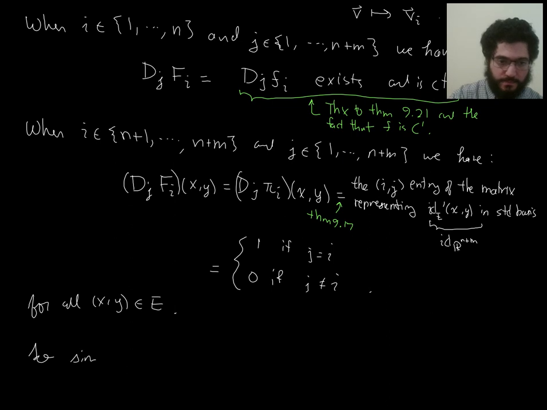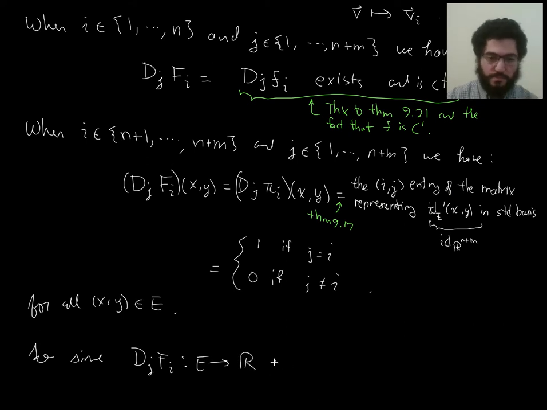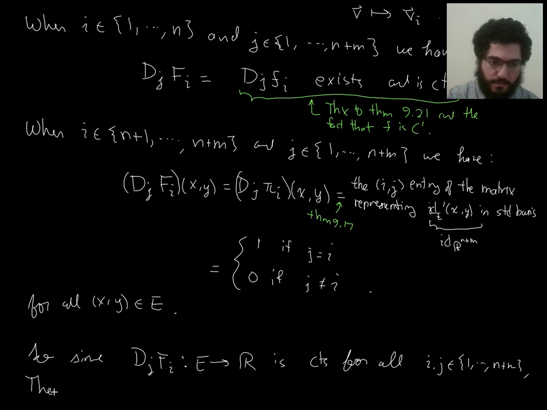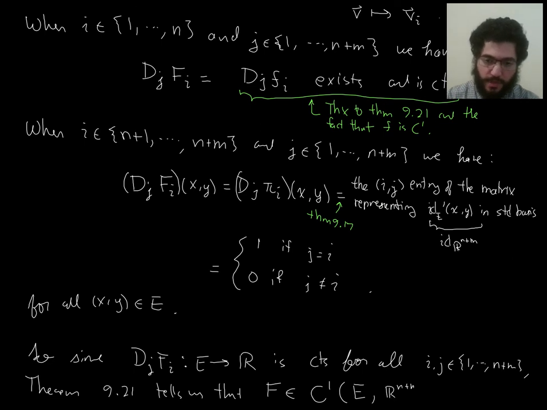Since this map from E to R exists and is continuous for all i, j, Theorem 9.21 tells us that F is a C1 function on E with output in R^(n+m).